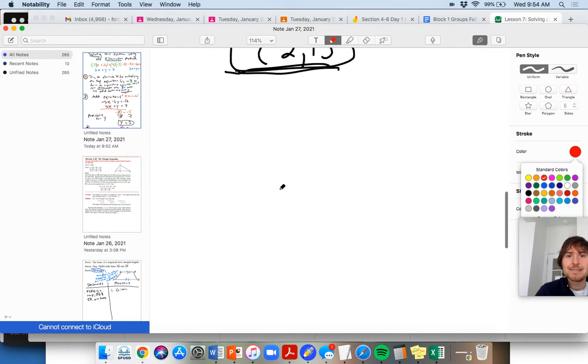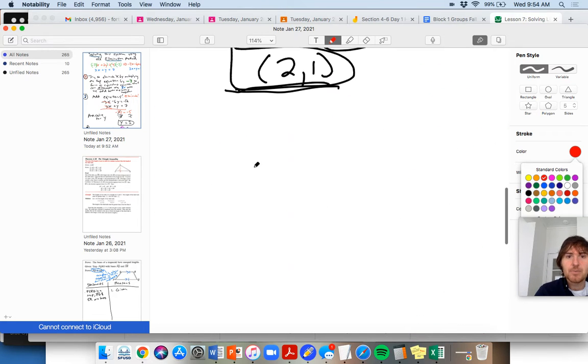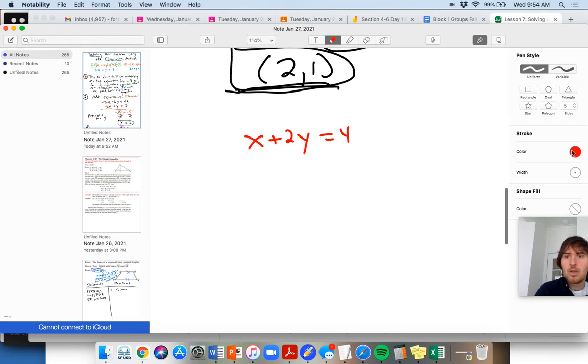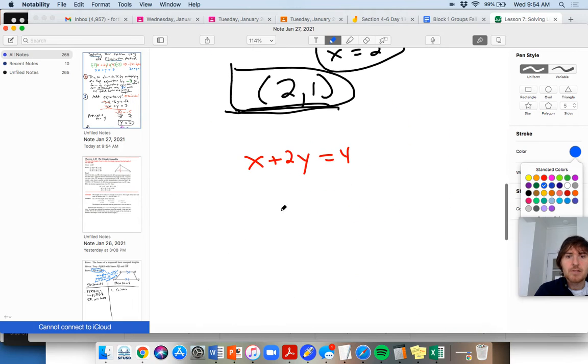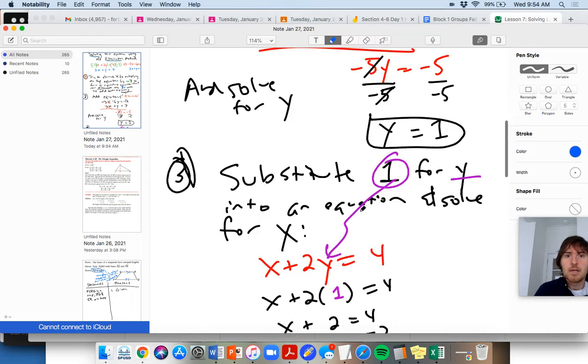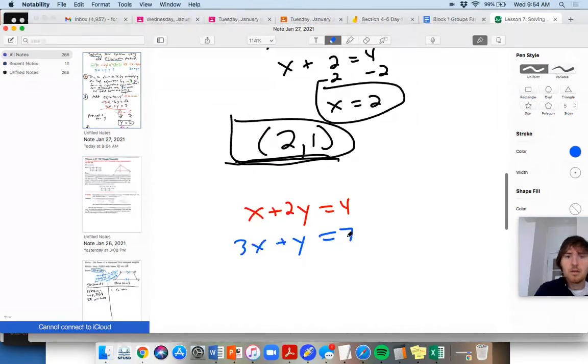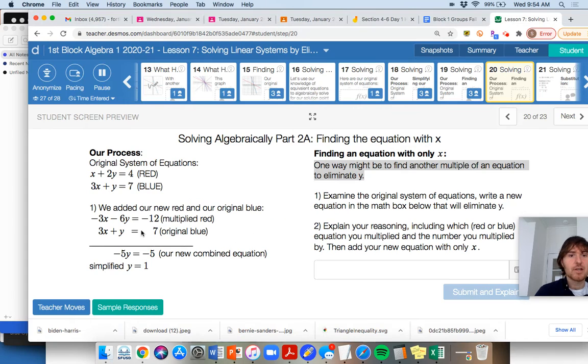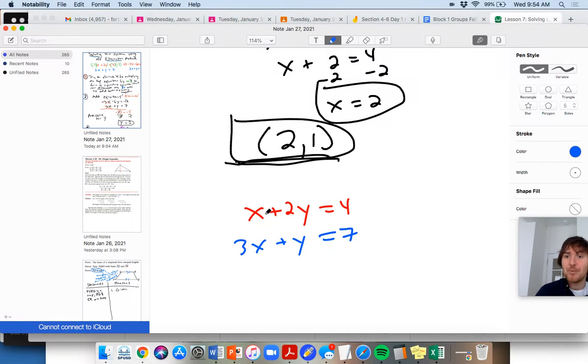This is what you're doing on slide 20, which is x plus 2y equal to 4, and then we got here 3x plus y is equal to 7. And I'd like to see your bright ideas right now. But the question here is, what do we do to eliminate x? They're showing it to you. We multiply both sides of the top equation by -3.